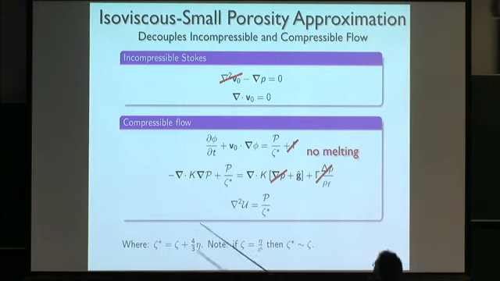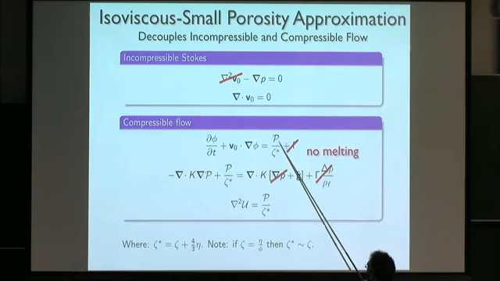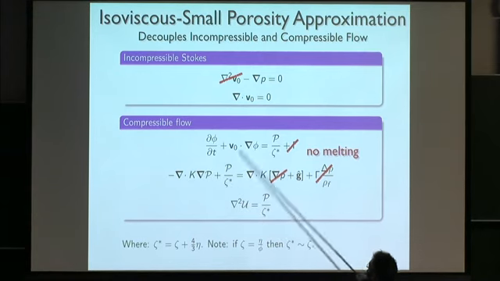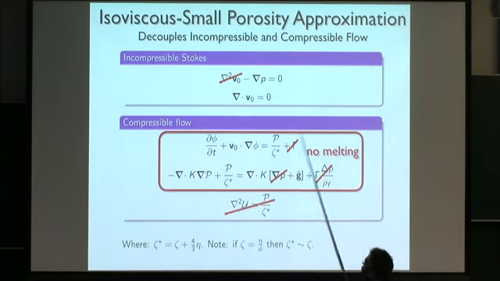Oh sorry, I'm also going to get rid of melting, and now we're down to a system which depends only on porosity and compaction pressure. If the permeability is only a function of the porosity, then these two are closed. And you just pick this up as an extra correction to the velocity field, so I can get rid of that. So now I want to focus on the behavior of these equations.